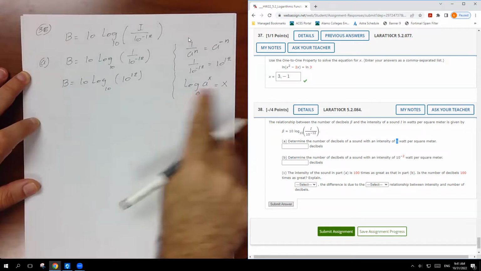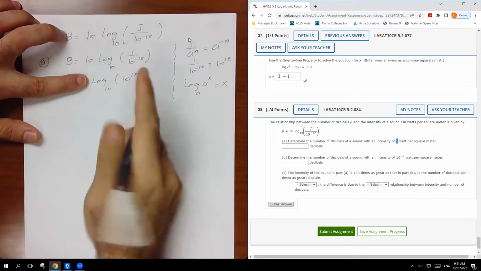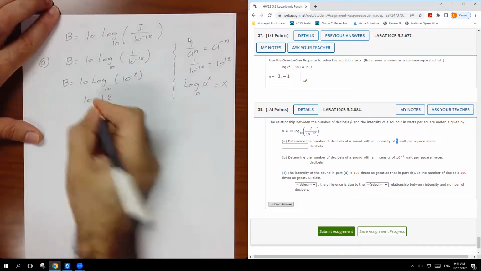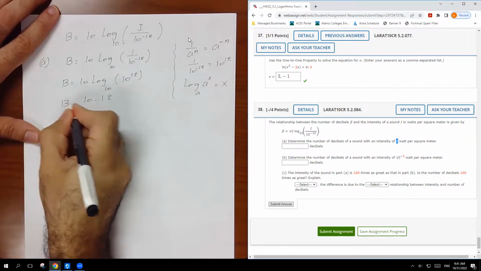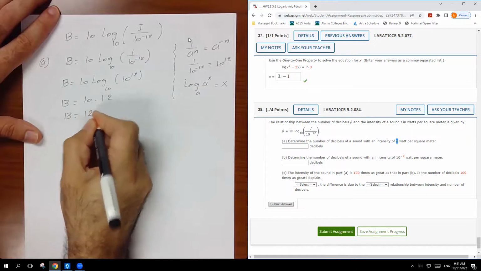These are the log properties. So the result is 12, and I have 10 times 12, so B is going to be equal to 120.